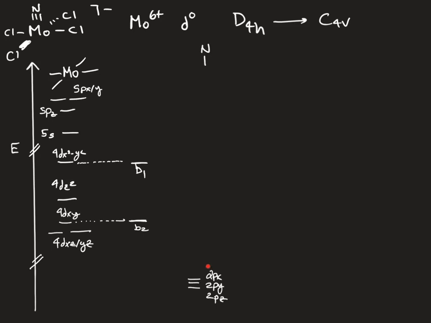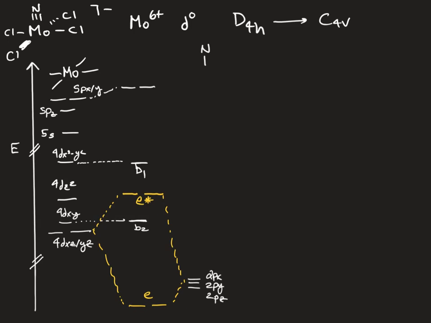You're going to get overlap of the 2px and 2py with the 5px and 5py on molybdenum, as well as the degenerate 4dxz, 4dyz pair. So a modest elevation here, and here, we're going to strongly interact, forming our E and E star orbitals.